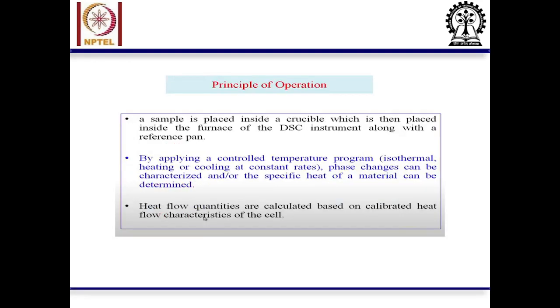The principle of operation is that we measure heat flow, and if we measure heat flow, we need the specific heat capacity. That is the difference between DTA and DSC.